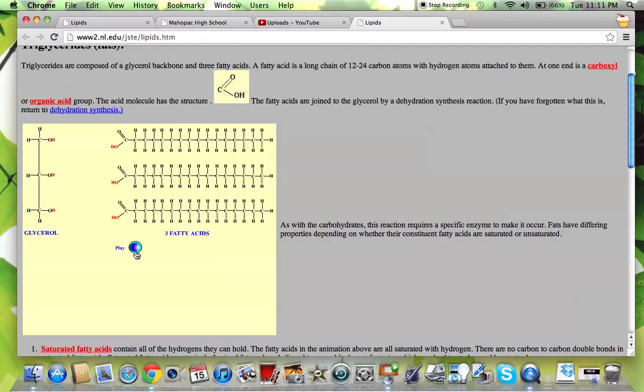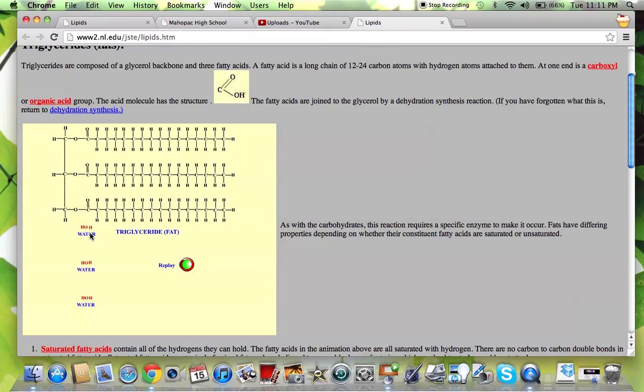So as I press play, you'll realize that water is removed through dehydration, and synthesis means these two structures are going to come together to form a larger compound, which is referred to as lipids. So let's take a look. So you see water is removed, and now we have this structure, this entire structure forms lipid.